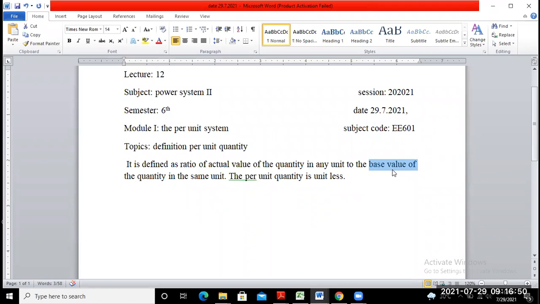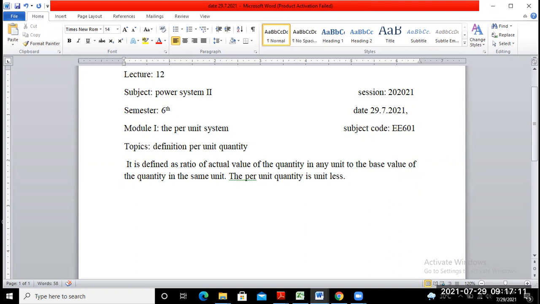Or you may choose any arbitrary value. That means we choose the maximum value of the system, either the maximum rating of the alternator, transformer, or transmission line.